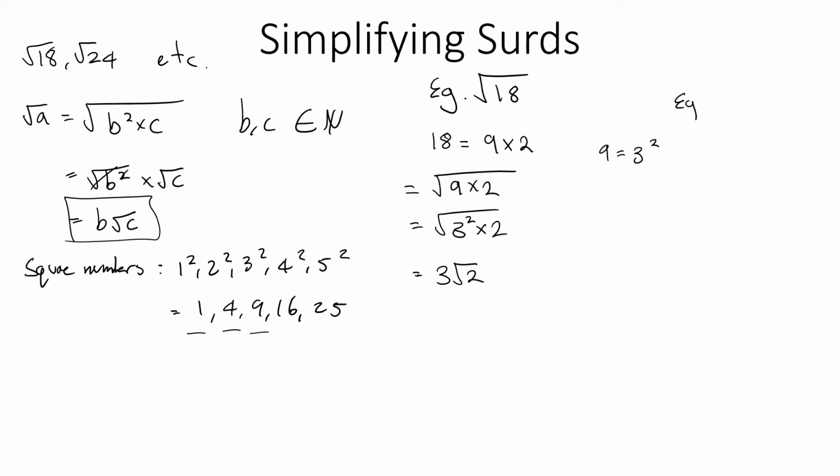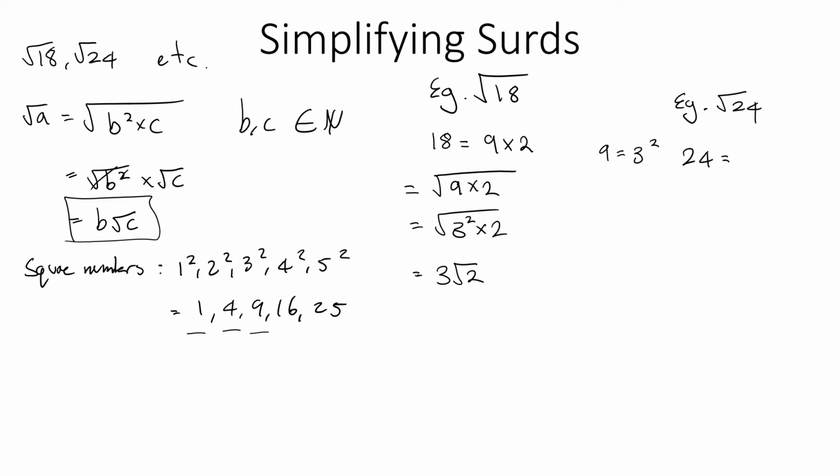So example number 2. Let's say we're going to simplify the square root of 24. Okay. Now we want to do the exact same process again. We want to express 24 as a product of a square number and some other number. We go through the list 1, 4, 9, and we find a factor of 24 within the square numbers.